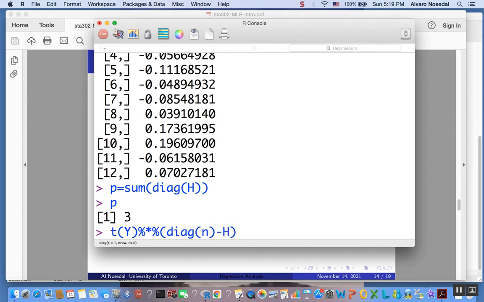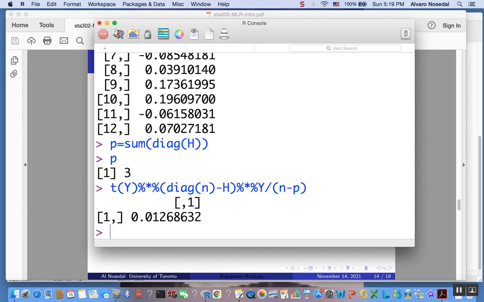So we have I minus H there in the middle, and we have y here. And then we want to divide by n, the number of observations, minus the number of betas in our model, and in this case that's contained in that variable that I called p. Okay, so let's see.